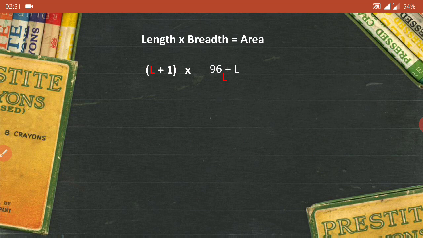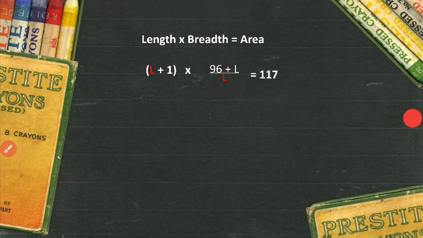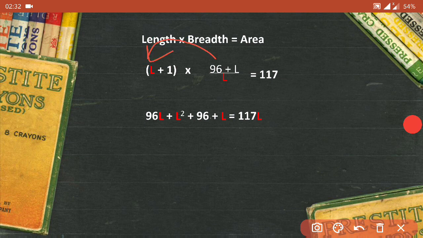So this is the breadth that we are getting, and area will become 117. All I have to do now is multiply. 96 multiplied by L will become 96L, and 96 multiplied by 1 will become 96.